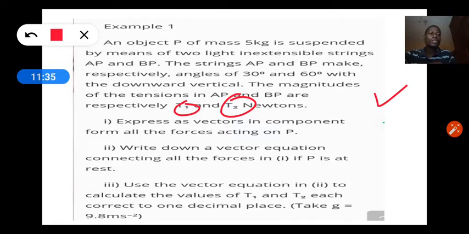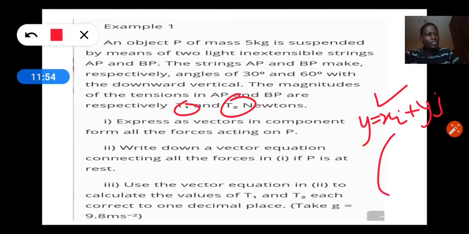Now, we're going to take it one by one. Remember, you were taught in vectors that we can also write a vector like this: if I have a vector xi plus yj, we can also write it this way. Vector can be written either like this or like this.